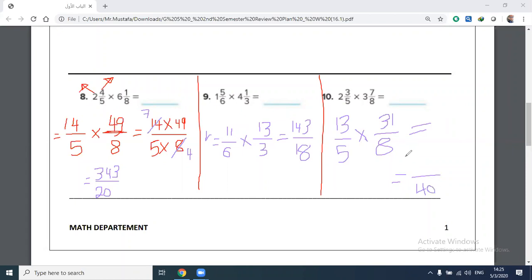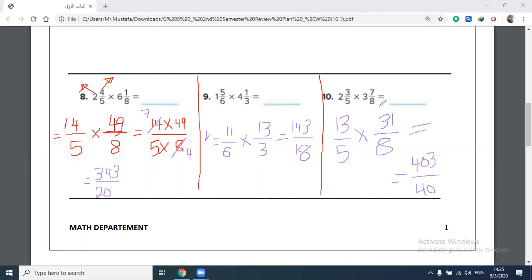And then 13 times 31, as we learned before how to multiply multi-digit numbers, will be 403. This is the final result for number 10.